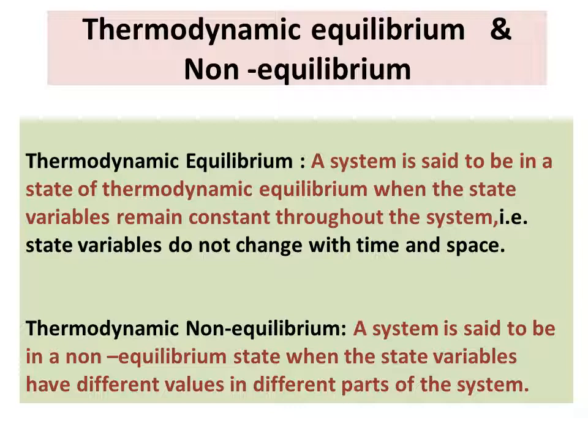So for a thermodynamic non-equilibrium, the different parts of the system will not have the same state variables. They can differ in one, a few, or all of them. If even one state variable is different, then we say that the thermodynamic system is in a state of non-equilibrium.